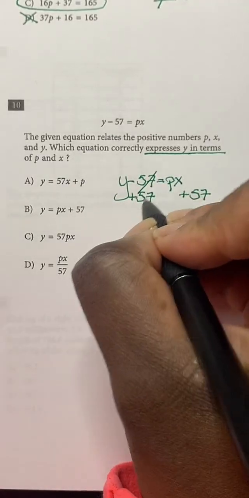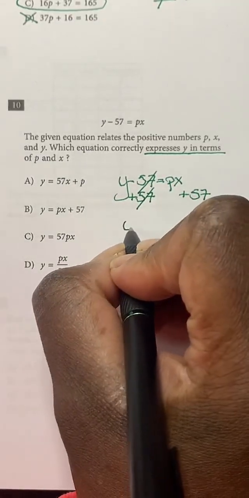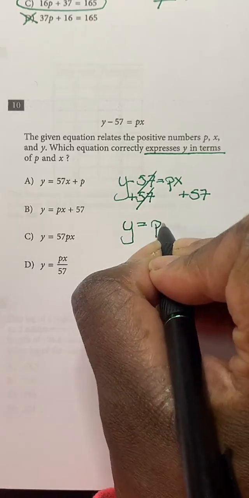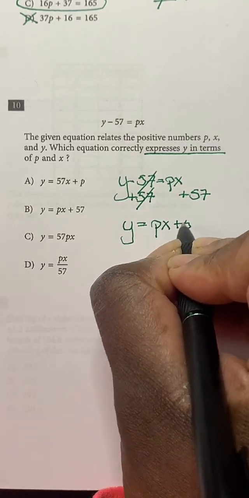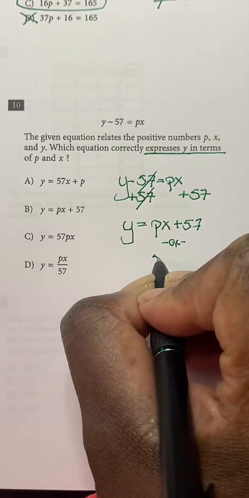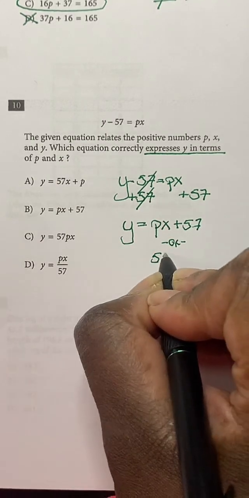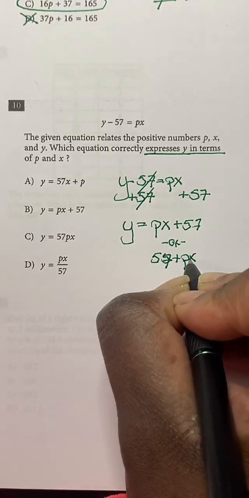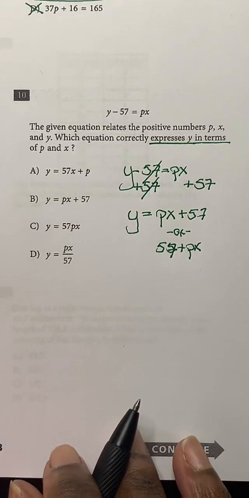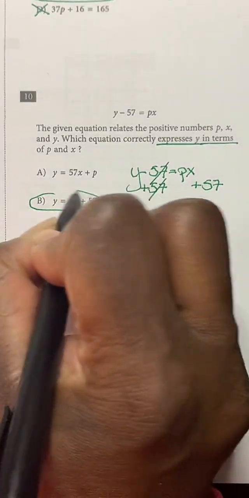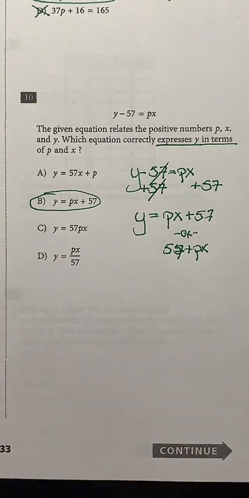If I'm going to add the 57, got to do the opposite. So now y is by itself. And what happens? You can say px plus 57, or you can say 57 plus px. One or the other will do. And in this case, it will be letter B.